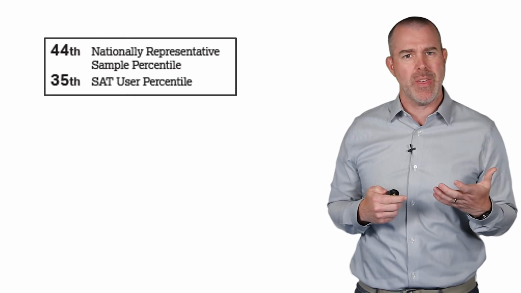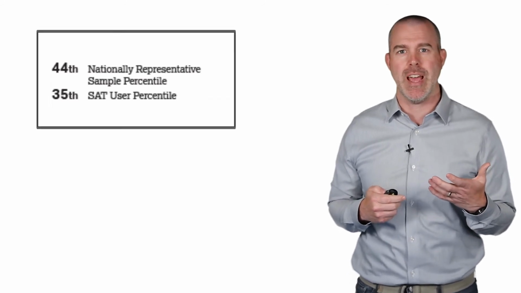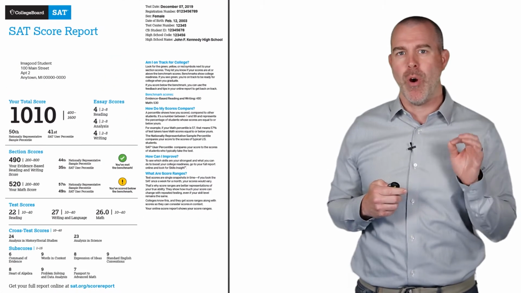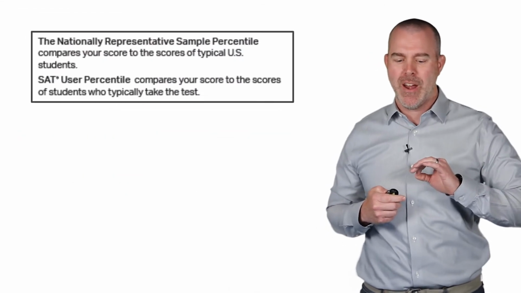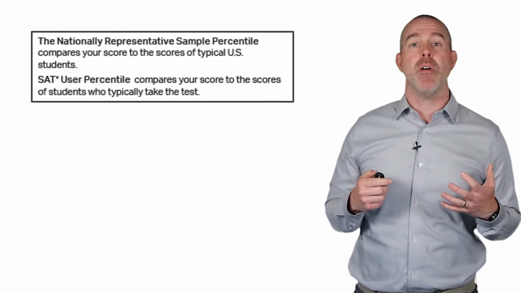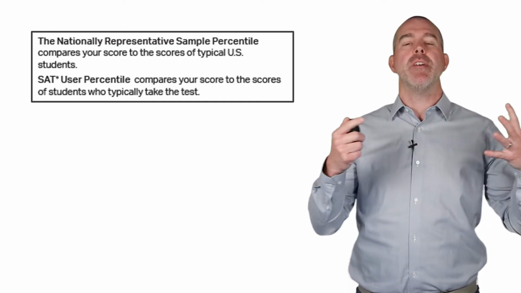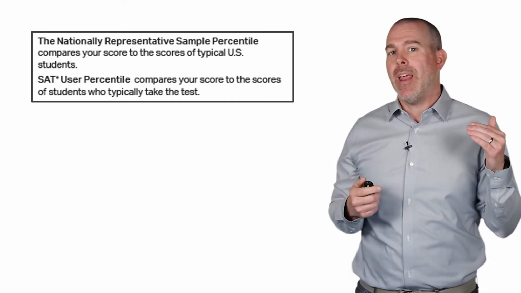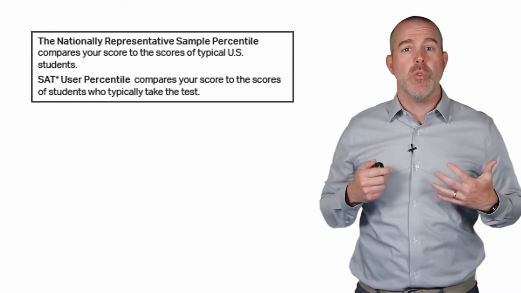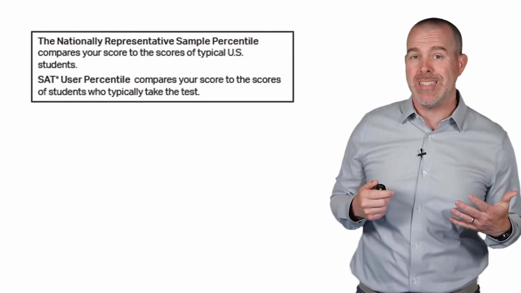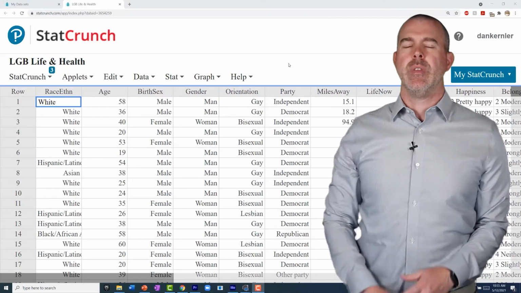There was a 35th with SAT user percentile. Well, if we go back to the main report, over on the right, kind of zooming in there, the national representative sample was how your percentile compares to representative of all students. And then the SAT user is of those who actually took the test, what's your percentile?